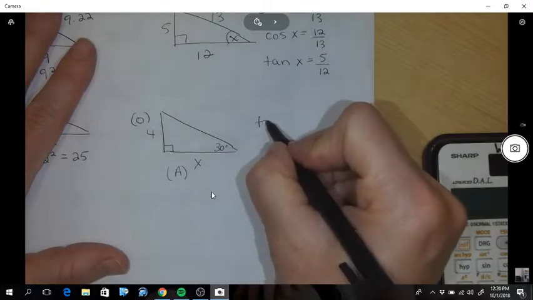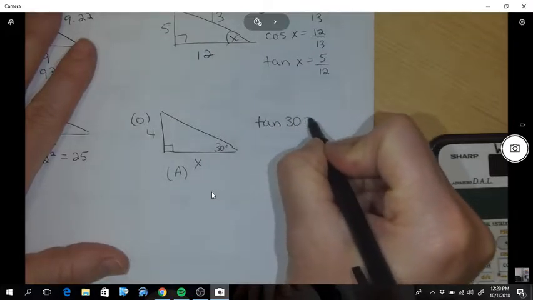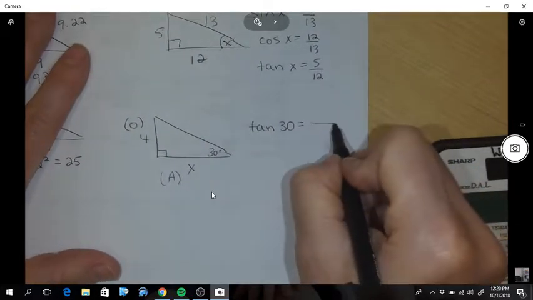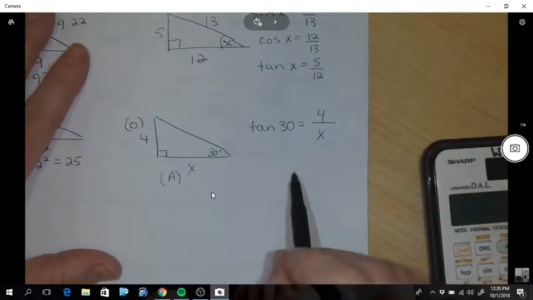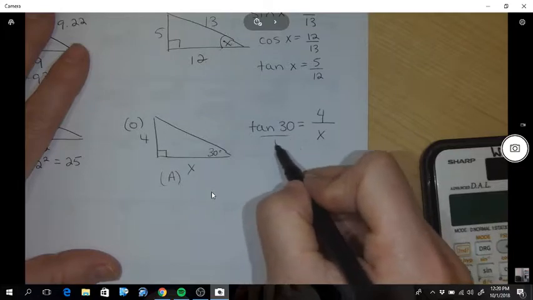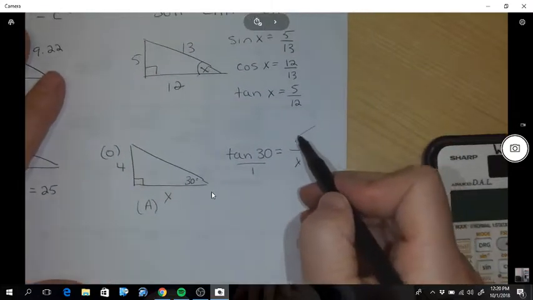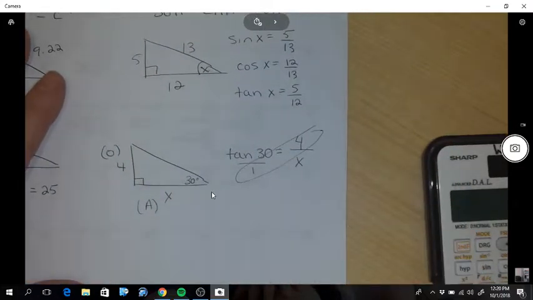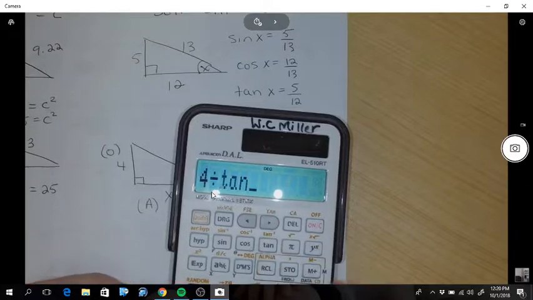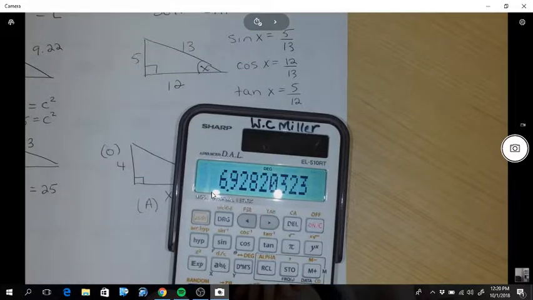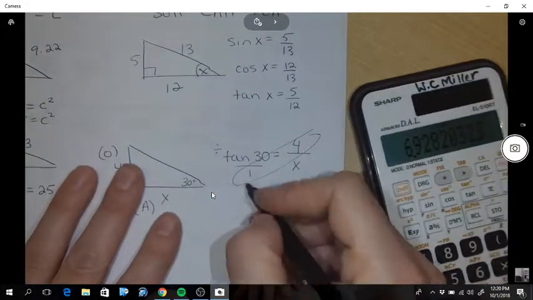So I'm going to use tan of 30 is equivalent to the ratio of the O divided by the A. If I put that over 1 like that and think about cross multiplying, I'm going to go 4 divided by tan 30. In your calculator, 4 divided by tan of 30 degrees is 6.93.